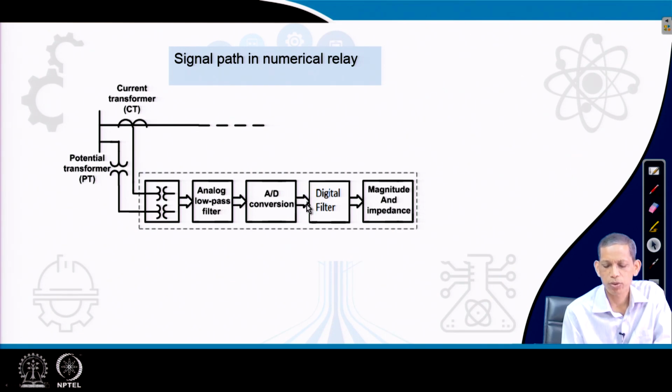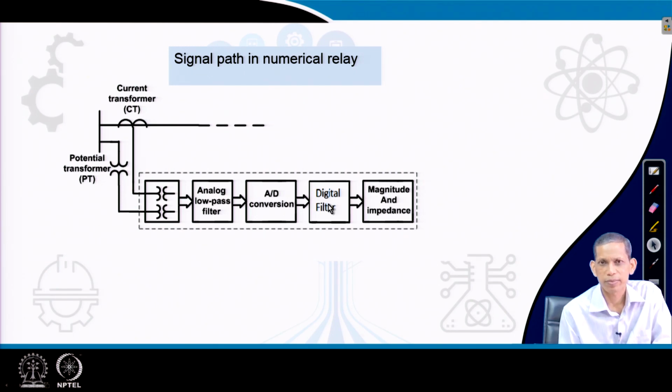And then in the processor we have digital filters, where we can extract the fundamental, harmonics, or any transient or other components relevant to the relay to decide on the fault. This is essentially the software part, where we program the corresponding principle and embed it inside.